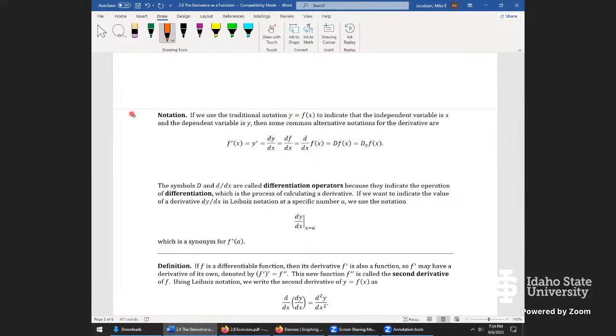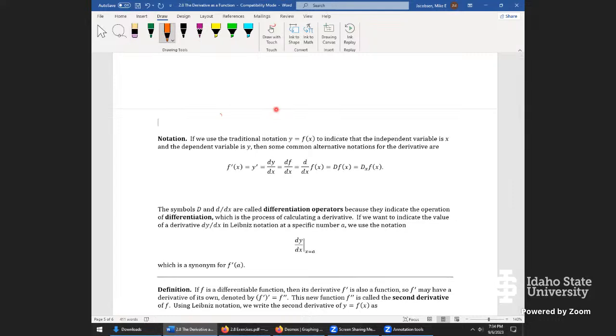And when we write down a derivative, so far we've only been using that, f prime at x. These notations right here, f prime or y prime, is Newton's, as in Isaac Newton's, prime notation.